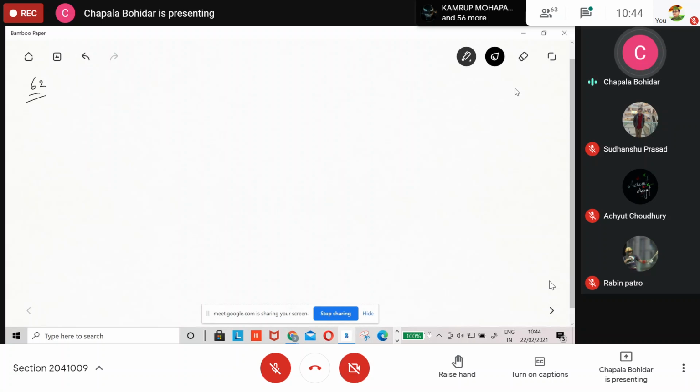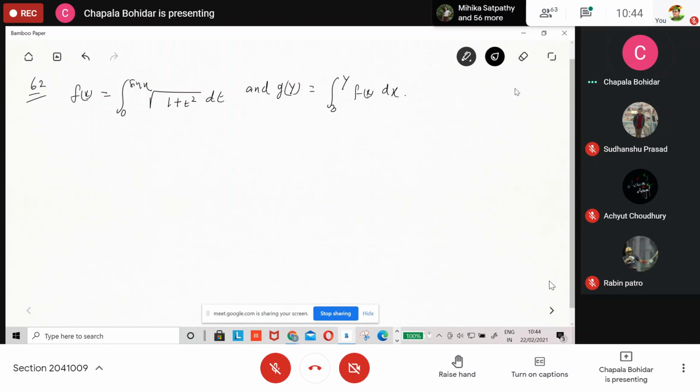If f(x) is equal to the integral from 0 to sin x of root over 1 plus t square dt, and g(y) is equal to the integral from 3 to y of f(x) dx, find g double dash of pi by 6. Can anybody do it?